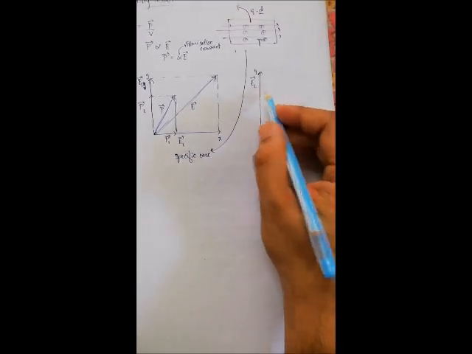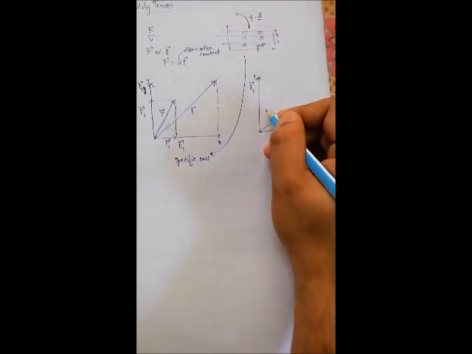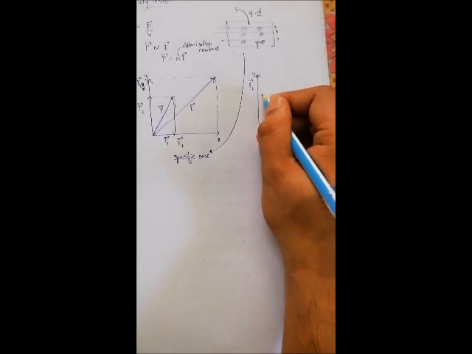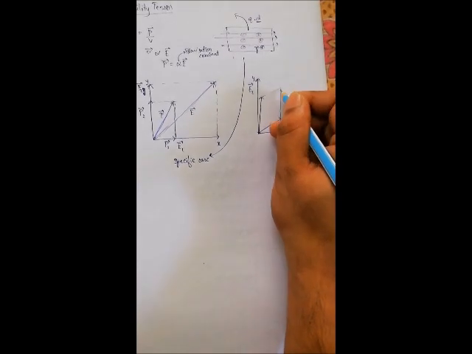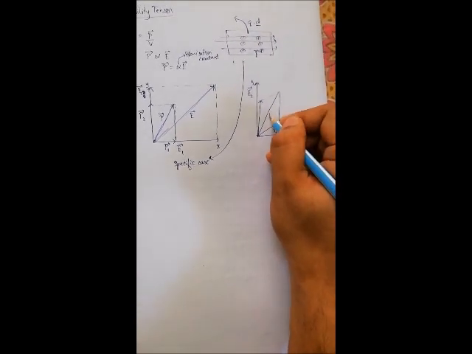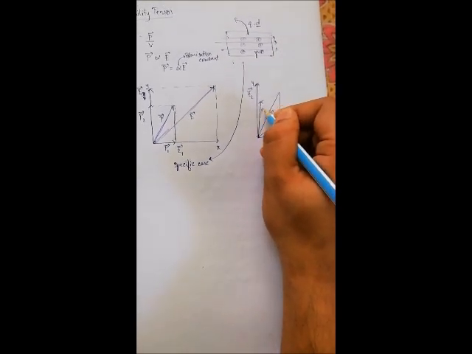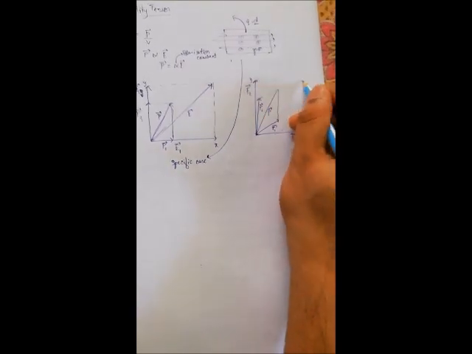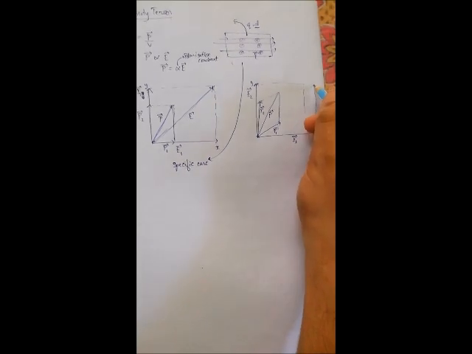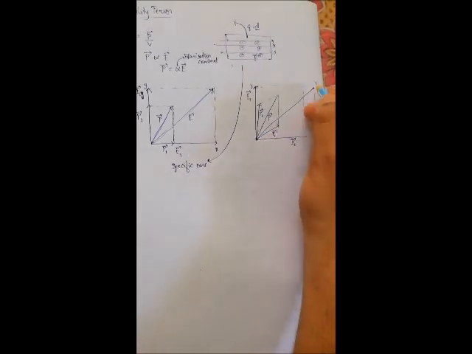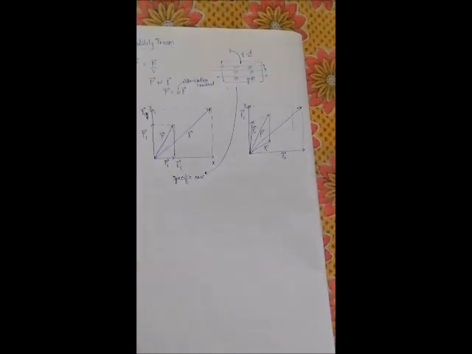And for E2, suppose it can be a different case, like suppose you take this one. So now the net polarization is this one, and our net electric field is this.